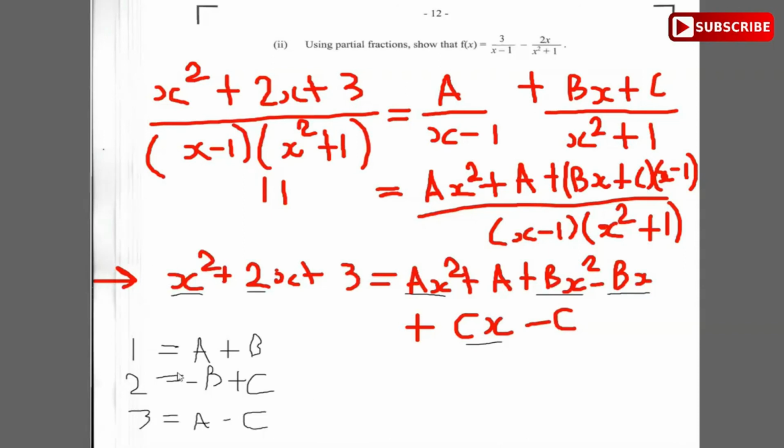From the first and the third equation, I'm going to subtract them. Equation 3 minus equation 1, that will give me 3 minus 1 is 2. A minus a gone, and so I'm left with minus c minus b. So 2 is equal to minus c minus b. But I also have 2 is equal to minus b plus c.